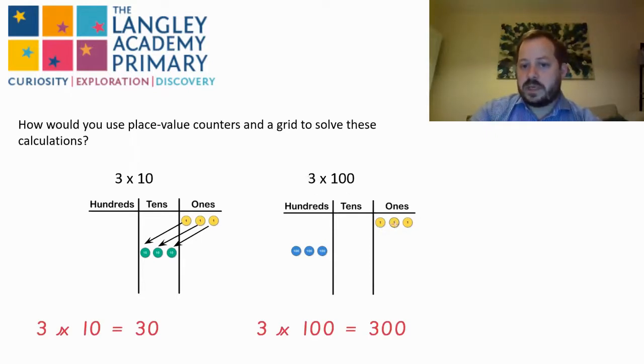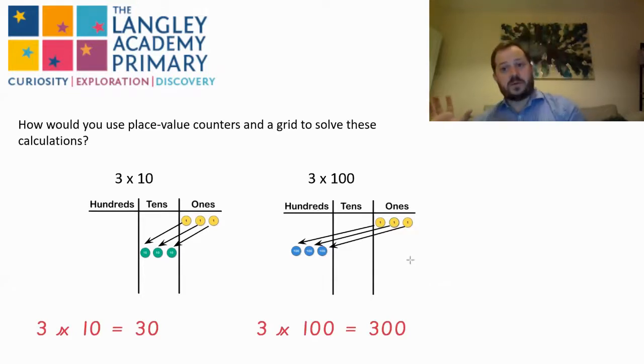We're timesing each one of those by 100. So each one of those ones becomes 100. And you can see there that all 3 move across into the hundreds column, and you get 300. And again, if we go back to what we talked about before, you can see that when we're timesing by 10, it's this one step. When we're timesing by 100, it's 2 steps.